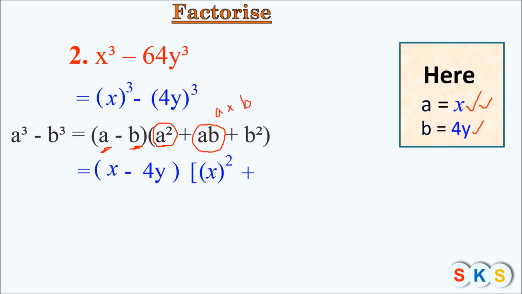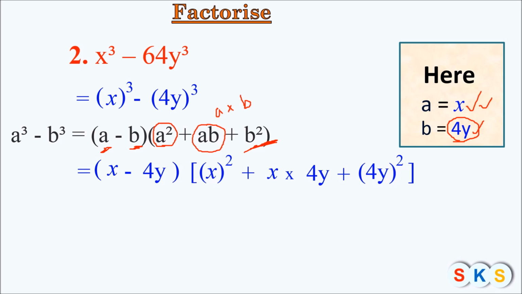The value of a is x, and the value of b is 4y. So we will get x into 4y plus, the last term of the second bracket is b square. The value of b is 4y, so we will replace b by 4y and get 4y the whole square.